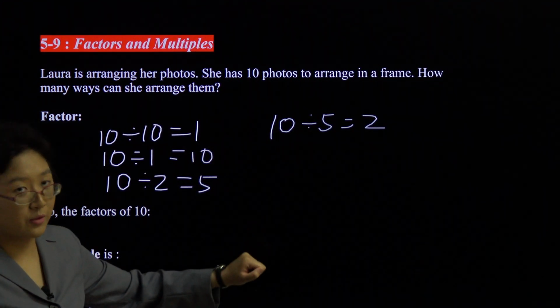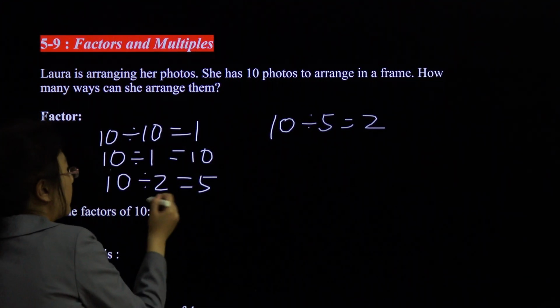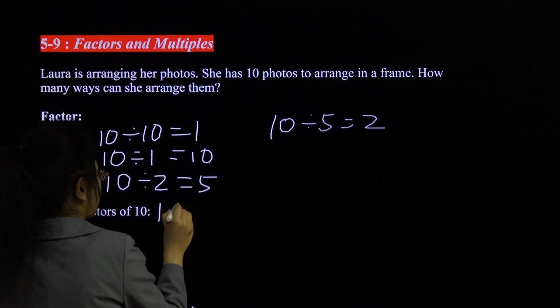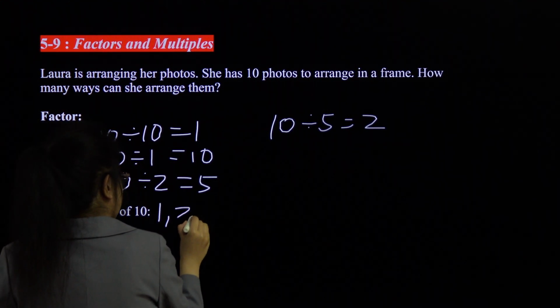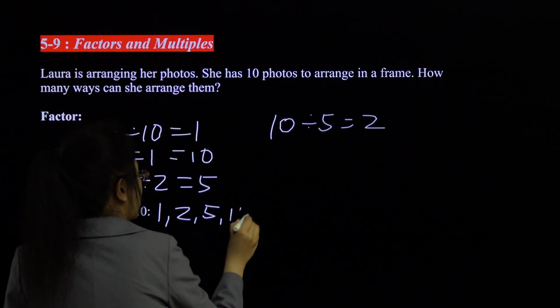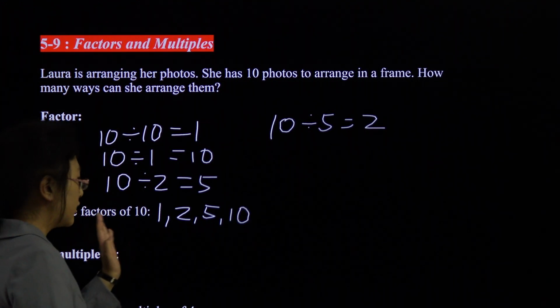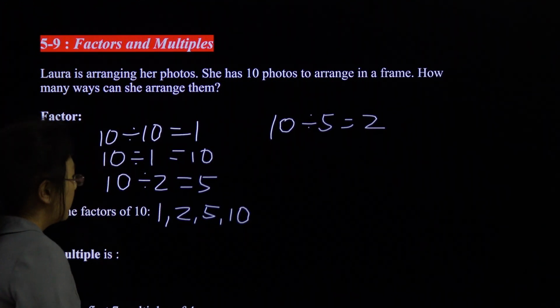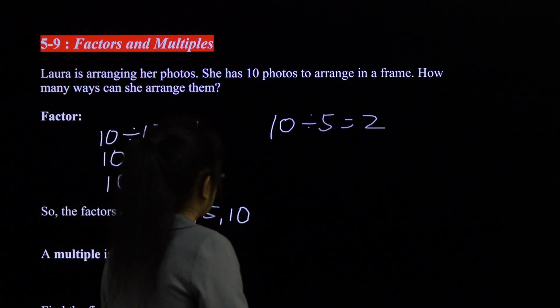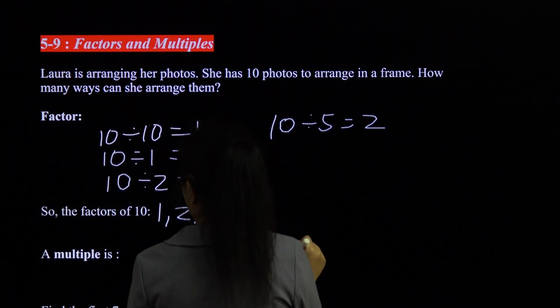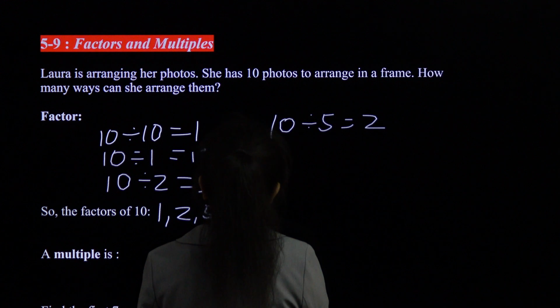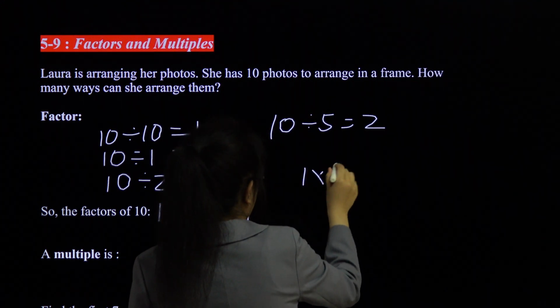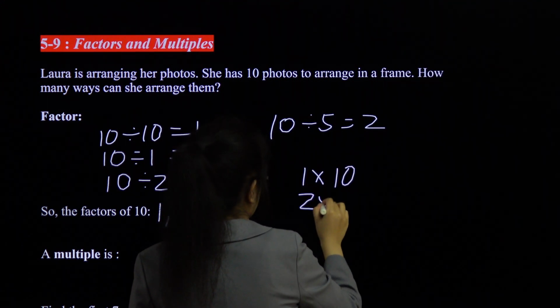Remember guys, it has to be whole numbers. That's it for the factors of 10. So the factors of 10 are 1, 2, 5, 10. It's good to list them from least to greatest. Which means that the ways that Laura can arrange her photos is 1 by 10 or 2 by 5.